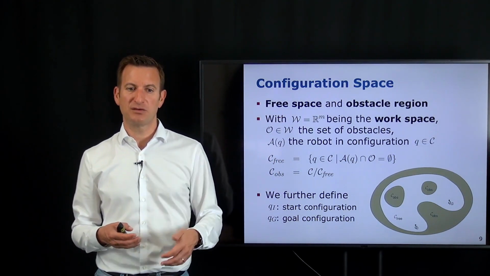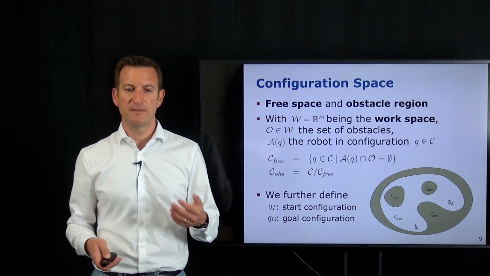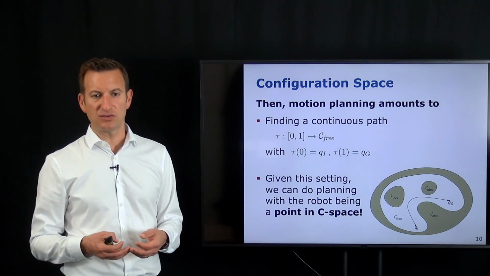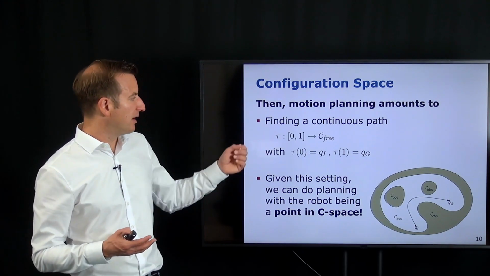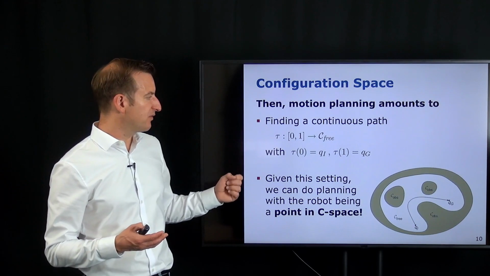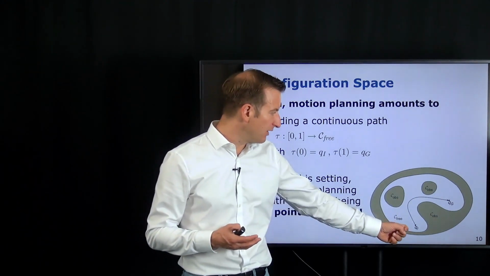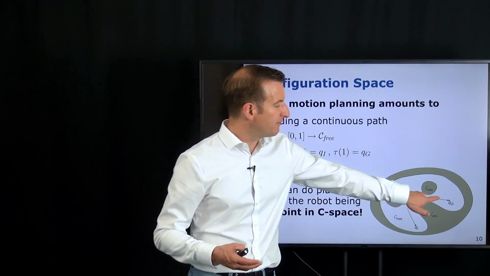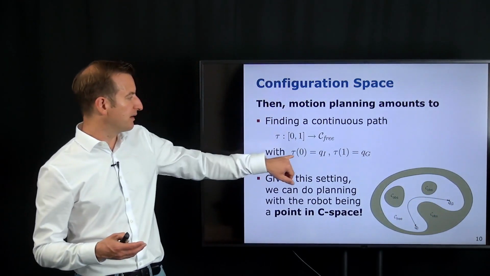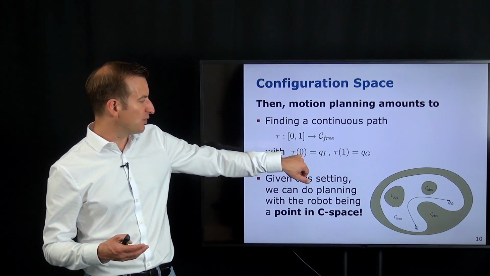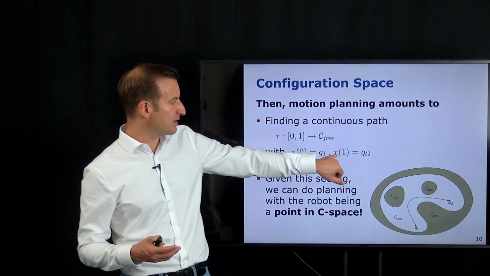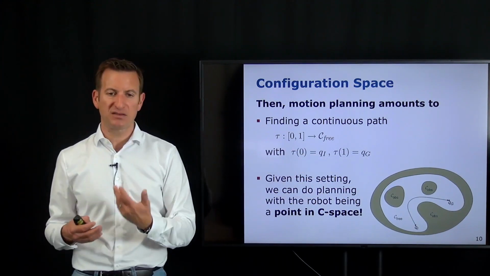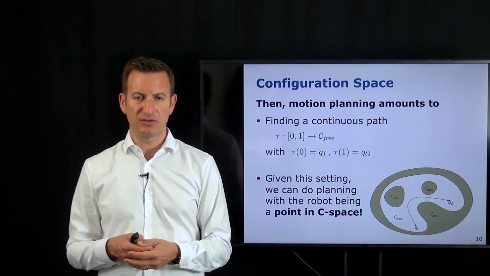So we want to have a start configuration and a goal configuration in this free space, and then find a trajectory or a path that guides me within this free space from my start location to my goal location. So the system starts here, and I want to define a path, parameterized so that an input of 0 is the initial configuration, and for example an input of 1 gives me the goal configuration, and the path passes completely through the free space.